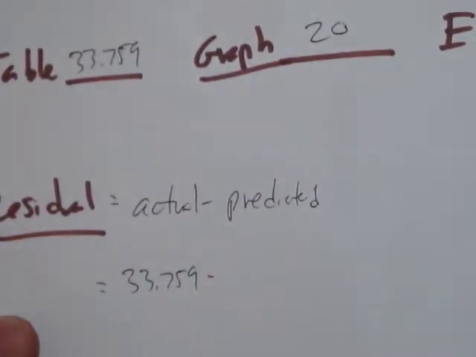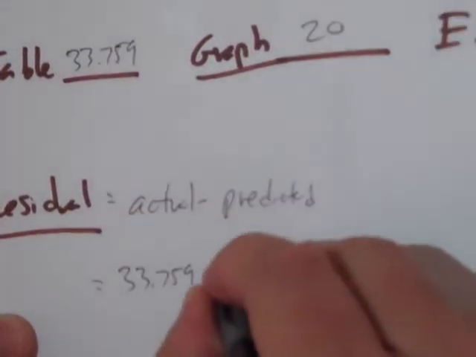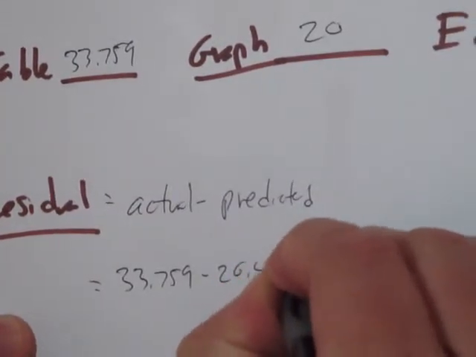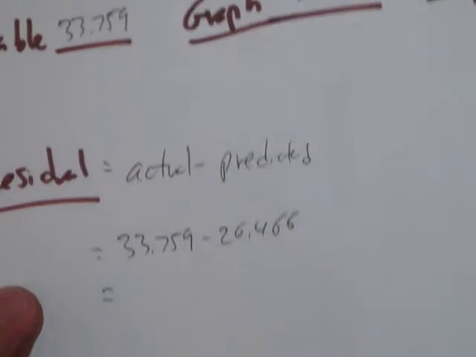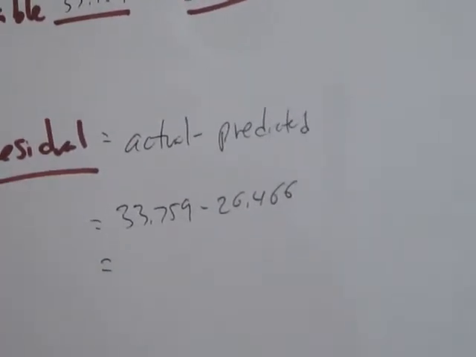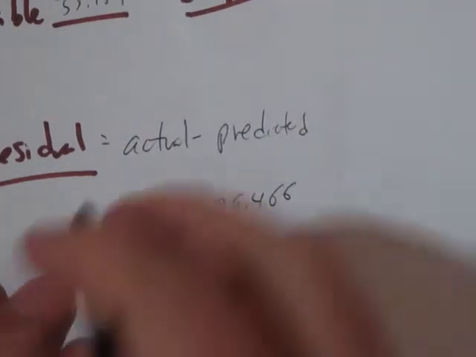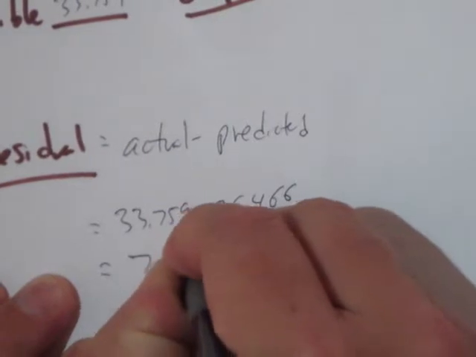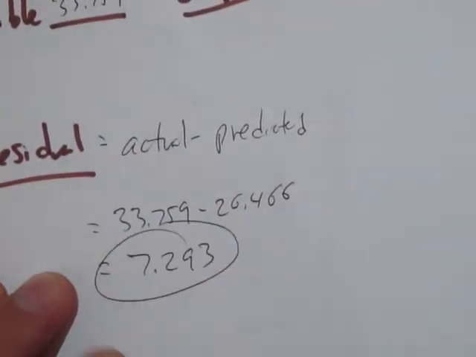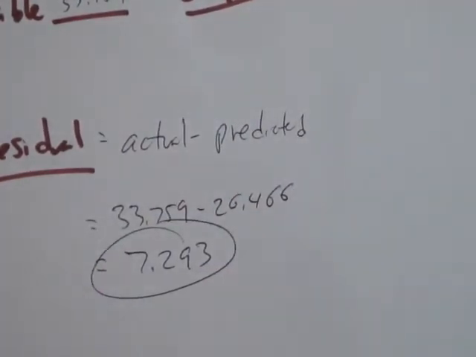The predicted comes from the equation, which was the 26.466. So the residual for 1995 would be this right here. So 33.759 minus 26.466 equals 7.293. That's the residual for 1995.